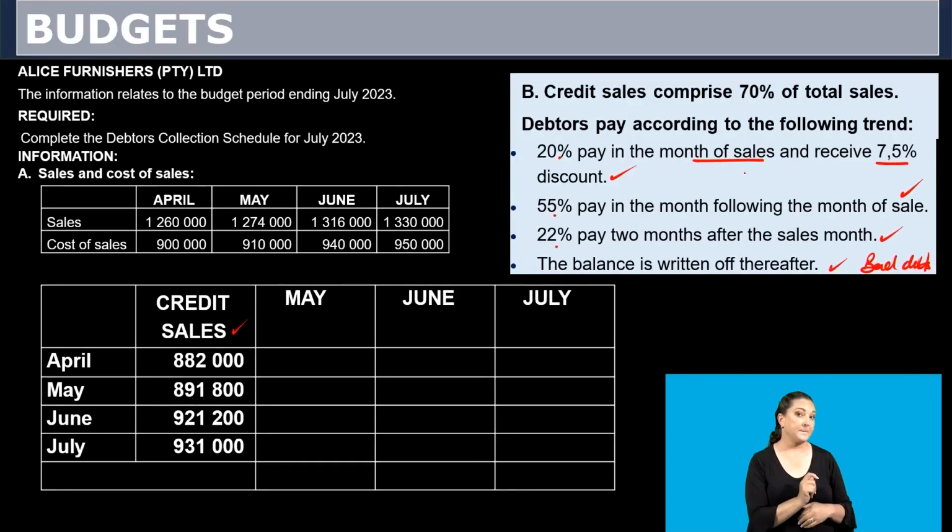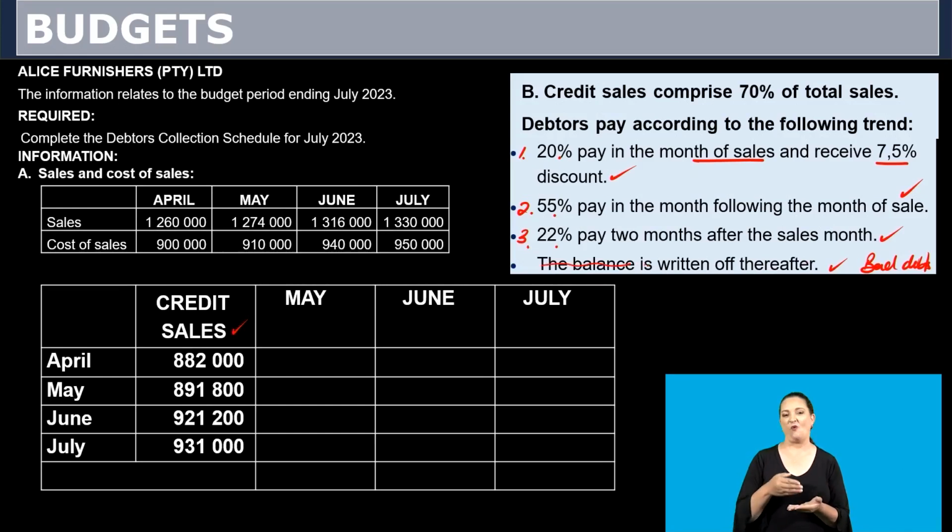That means if I sell in July, the 20% will be collected in July. So that makes it very easy now. To complete this faster, I'll call this 1, I call this 2, and I call that 3. The balance will be written off, so that's bad debts.